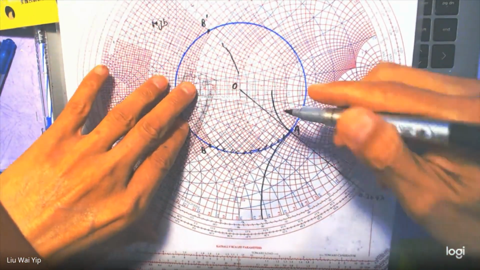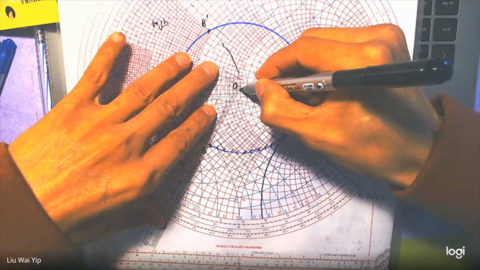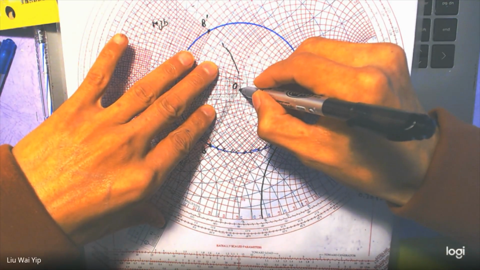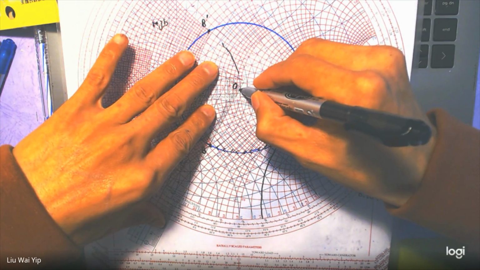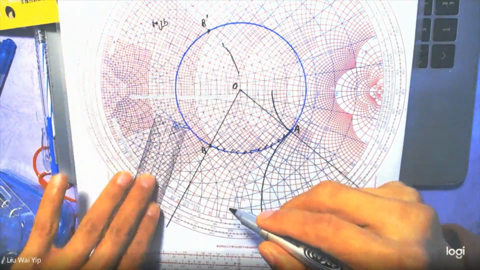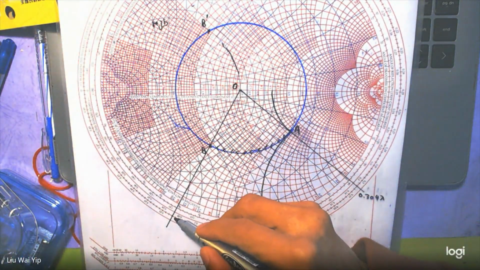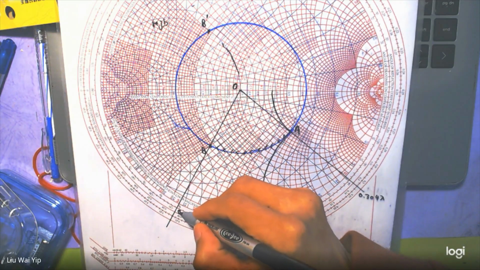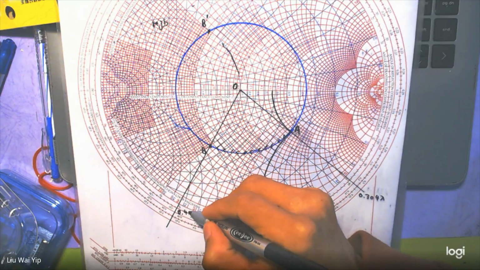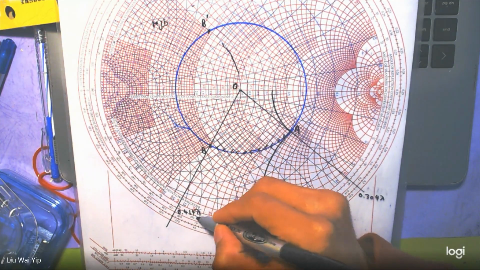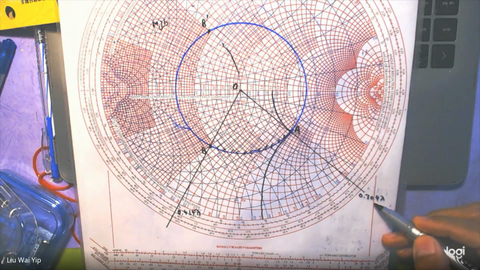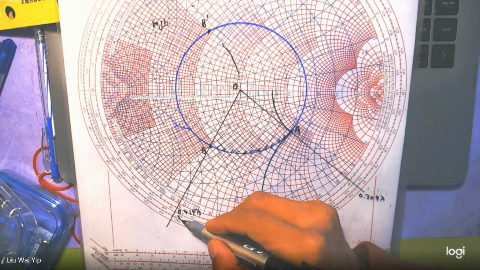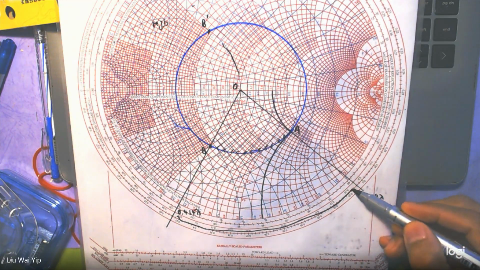Based on this solution, you need to draw this line joining O and B, and then look for the length here. For what I can get here, I got 0.414 lambda, while here I got 0.304 lambda.